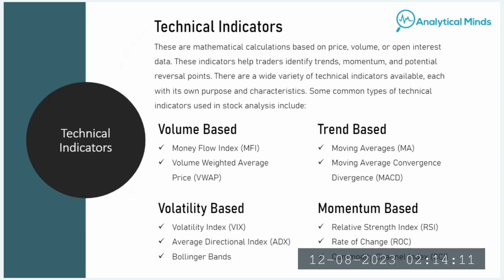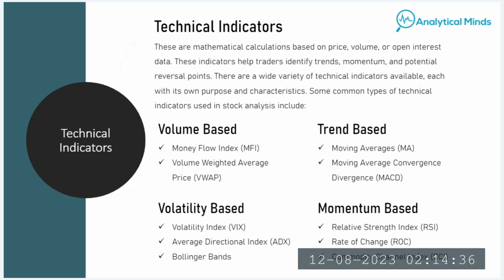For these technical indicators, there are mostly four different types. While this is not the entire list, I'll share a resource towards the end where you can understand all these indicators. But there are four broad categories of technical indicators, these calculations that we generally do on any stock price.